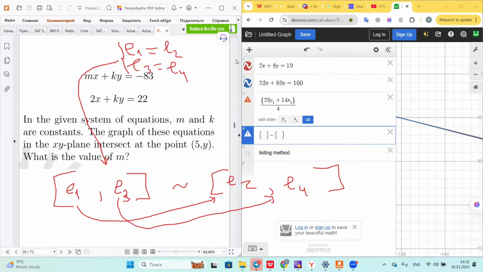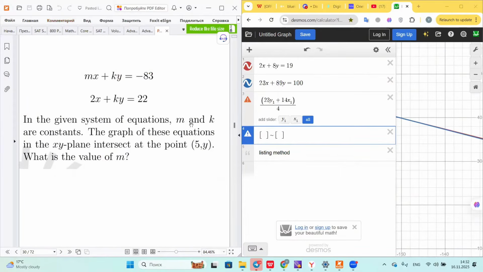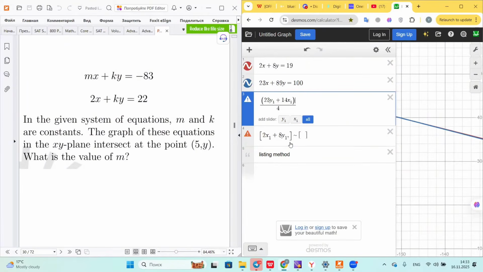Now, we don't want to solve this equation graphically; we want to solve it with the listing method. So I will take this expression and put it here, but using x and y is not permitted. That's why x1 and y1 is the easiest way.